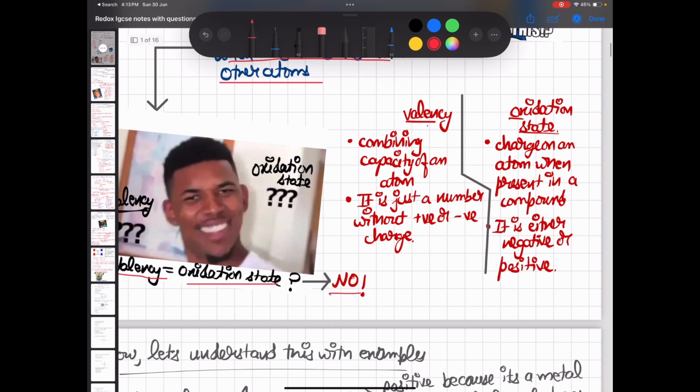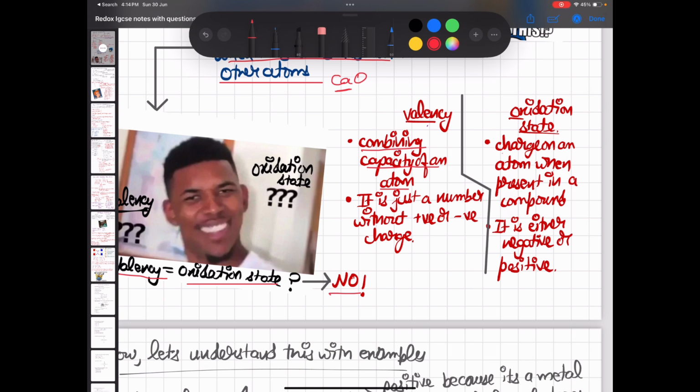What is valency? Valency is the combining capacity of an atom. Then what is oxidation state? Oxidation state is when it is already combined. Notice this point. We discussed calcium oxide. In this condition, calcium has already combined with oxygen.